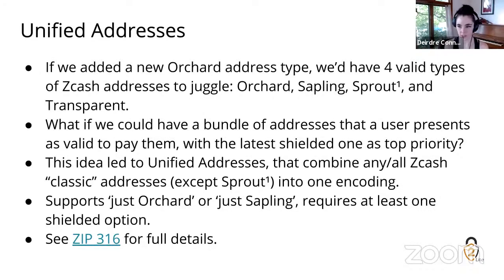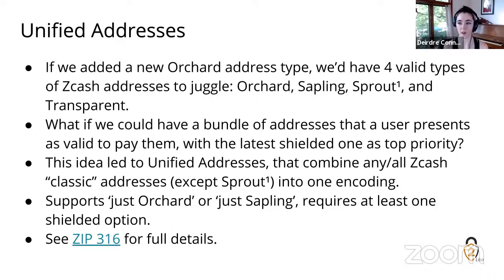So a design sprint at the ECC was dealing with this idea coming out of Orchard and resulted in this idea called unified addresses. The idea is that you basically take that priority arrangement of all the possible addresses that you, a user, would have for your Zcash wallet, and just smush them together and then represent them. You can just give one thing to someone and say, send money here.